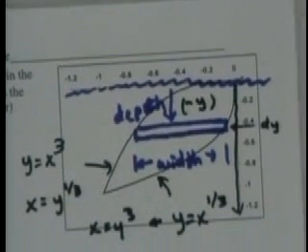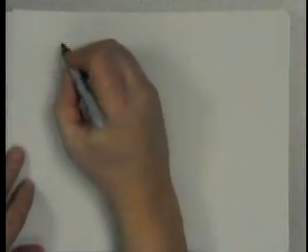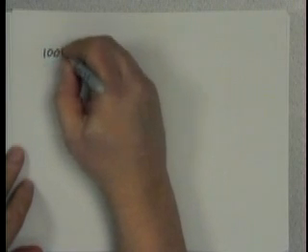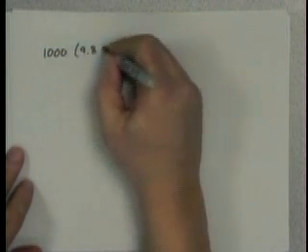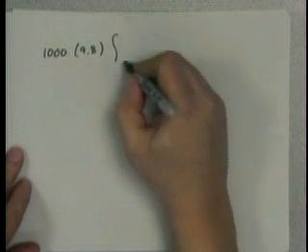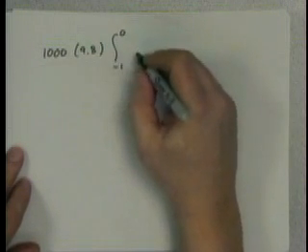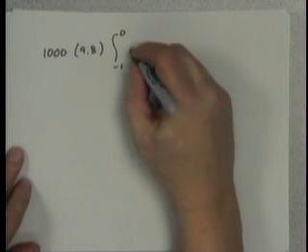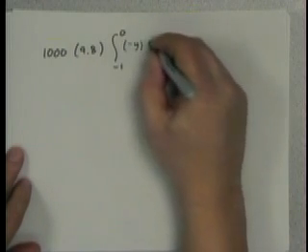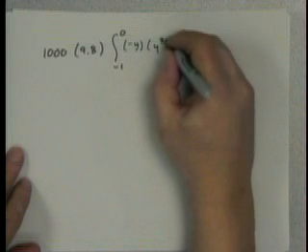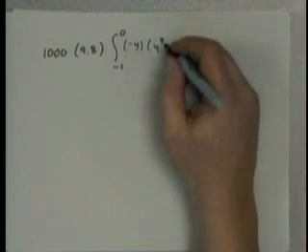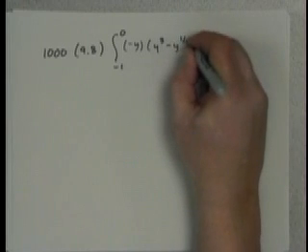Okay. So since the measurements were given in meters, you're going to have the 1,000 times the 9.8 or the 9.81 that you need times the integral from -1 to 0 of negative y times y cubed minus y to the 1/3.